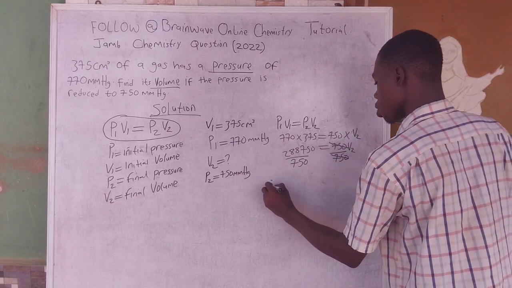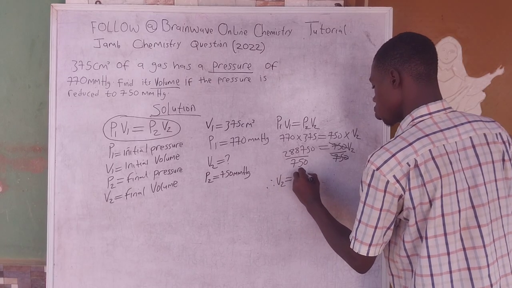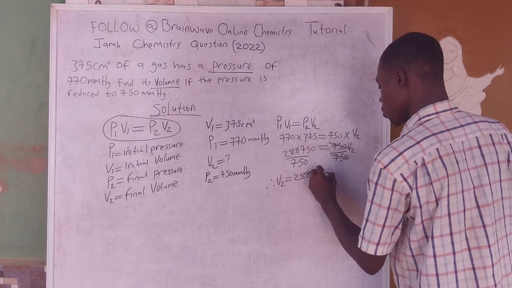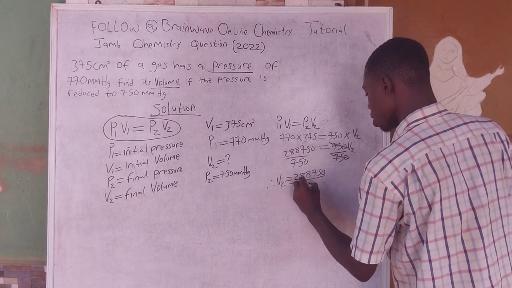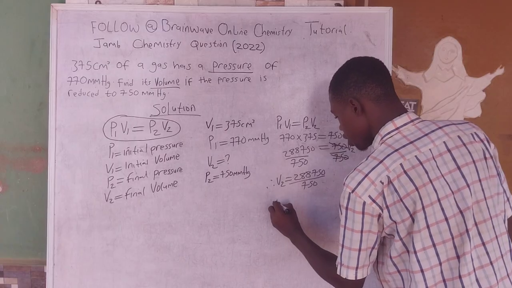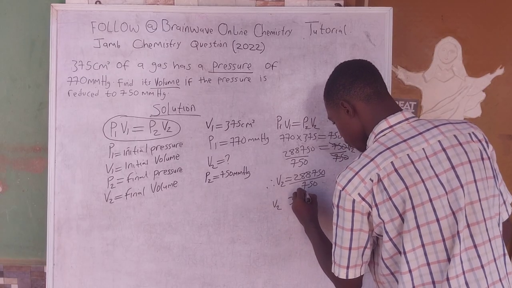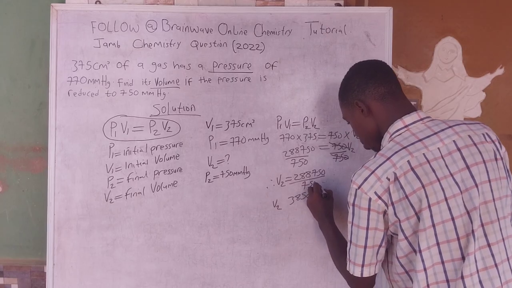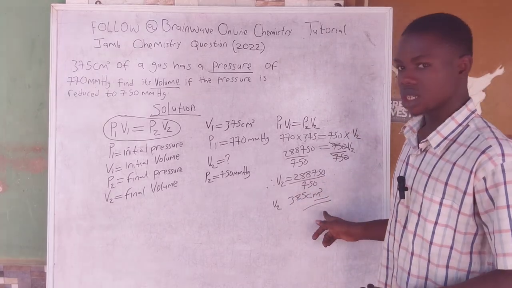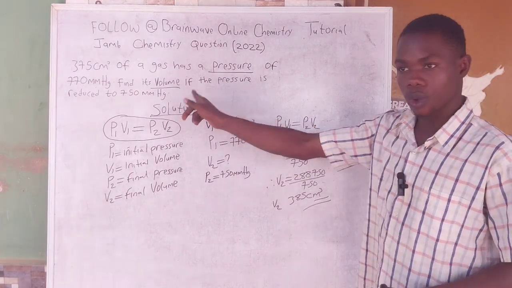Therefore, our V2 is equal to 288,750 over 750. So V2 is equal to 385 cm cube. This happens to be our V2 in this JAMB question.